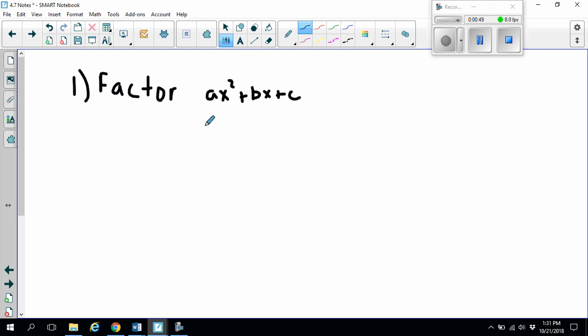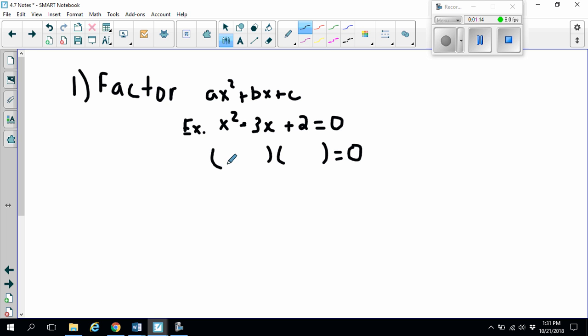An example would be x squared minus 3x plus 2 equals 0. If we were doing this, we can create our two sets of parentheses, have x and x, and then we know that the only two numbers that multiply to 2 are 1 and 2.